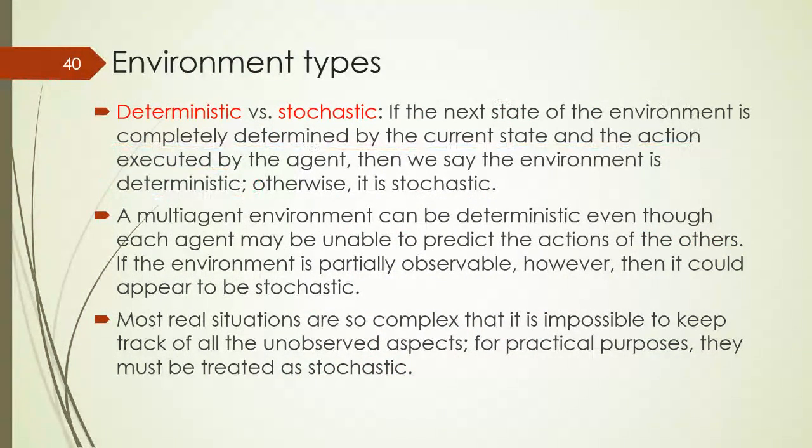So in a multi-agent setting, if you are playing online with several other people, although the environment is deterministic and other agents are playing, since it might be partially observable, it might look like a stochastic environment. Most real situations are so complex that it's impossible to keep track of the unobserved aspects, and they must be treated as stochastic.